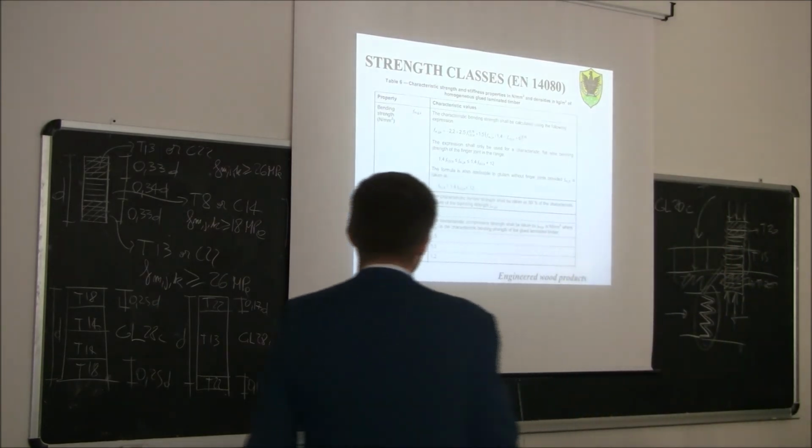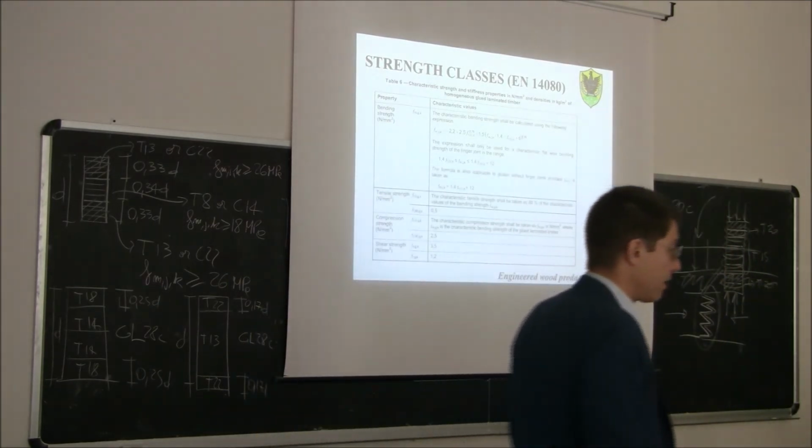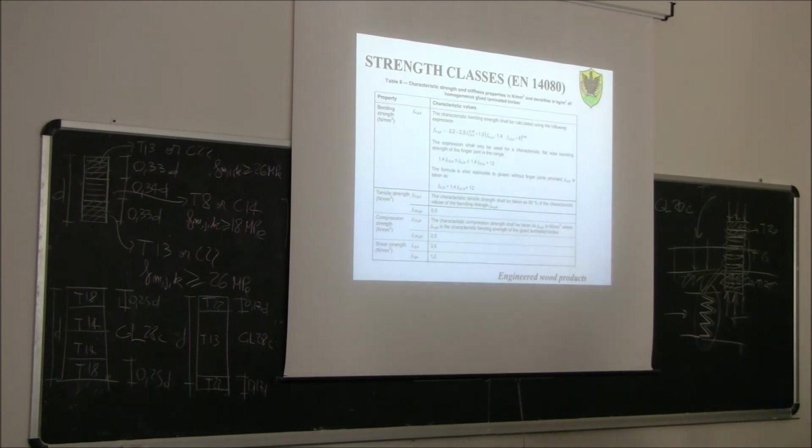The second one should be provided by the producer based on the experimental test that we're going to do on the finger joint. If you know those two quantities, there is a formula to calculate the characteristic bending strength of glulam, f_m,g,k, using this kind of empirical equation. And then, once you know this, you can find also all the other quantities that you need for your design.